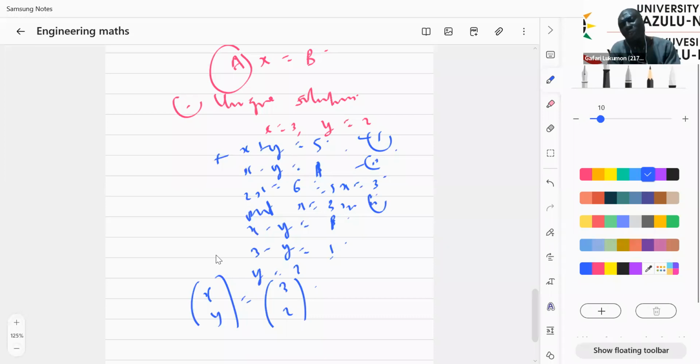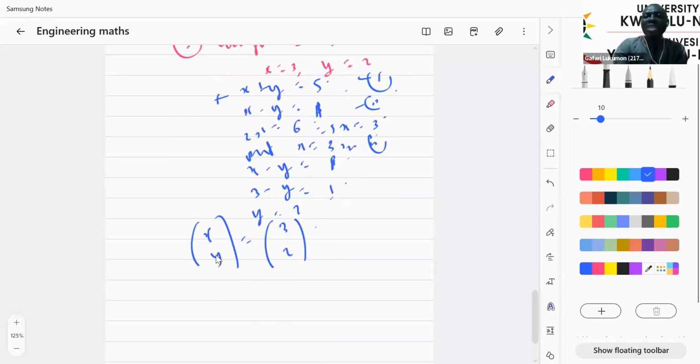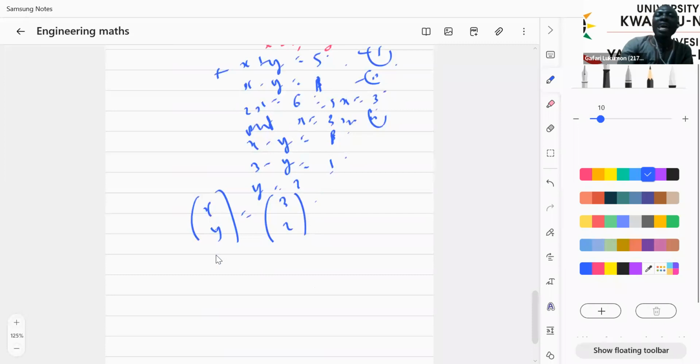And when you now represent a unique solution, you are going to notice that the point is going to intersect. So for example, if you want to locate this in the graph, let's say I have s plus y is equal to 5, and you have s minus y is equal to 1.